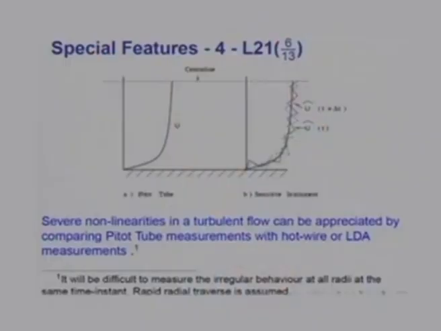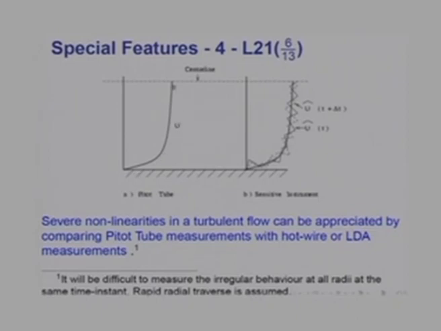The pitot tube does not see something which happens at scales smaller than its diameter, and it simply averages out what it sees and gives you a profile which would look like this, yes, zero velocity at the wall and so on.